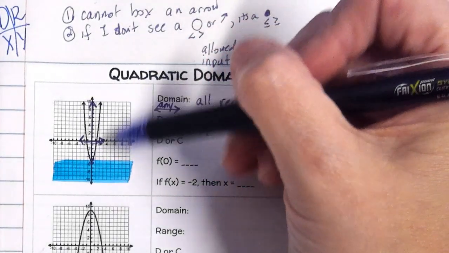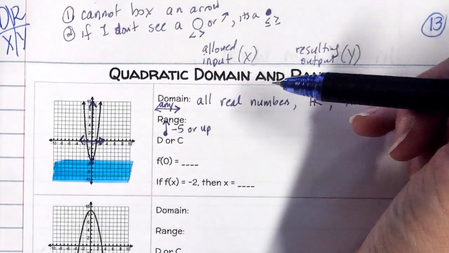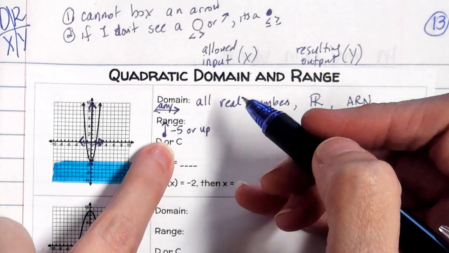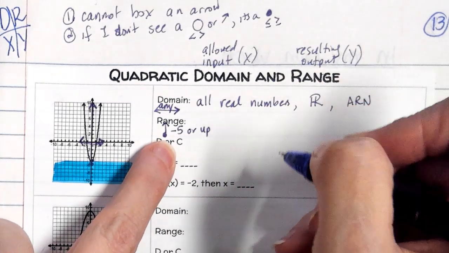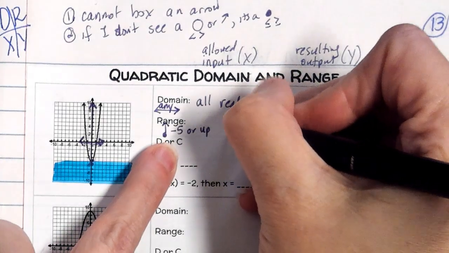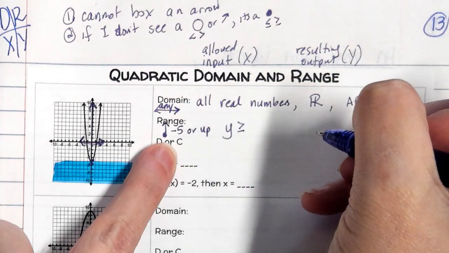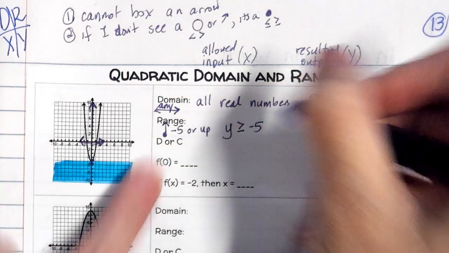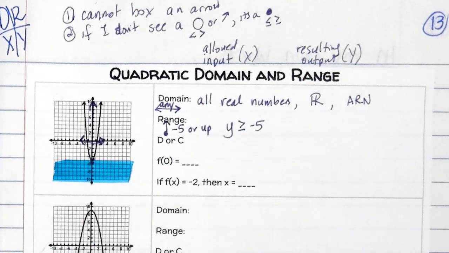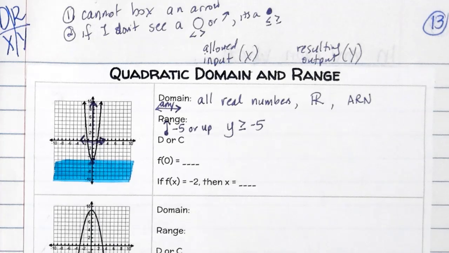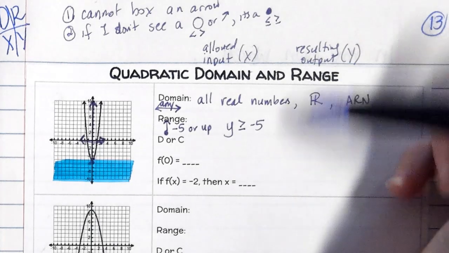Even though I can put anything in, I can't get any y value out because all the y values I have are -5 or higher. So my y values are bigger than -5 or equal to -5. Okay? So that's how I'm going to write my domain and range.